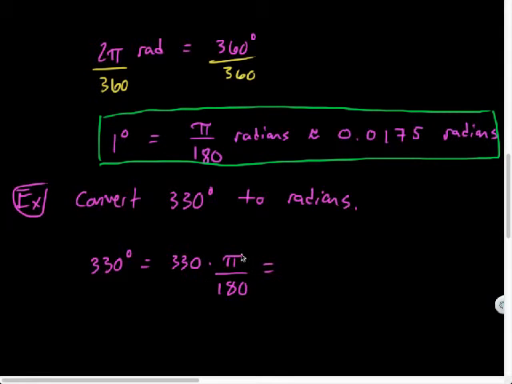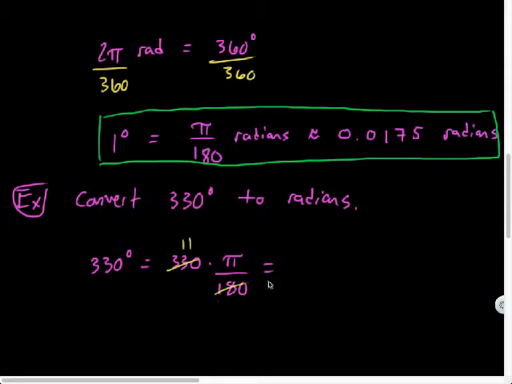And typically, I don't want the decimal approximations as much. Typically we'll want to leave this in terms of pi. And in order to do that, I'm going to just reduce this fraction as much as possible. So between 330 and 180, I think 30 goes into both of those. 30 goes into 330, what's that, 11 times?